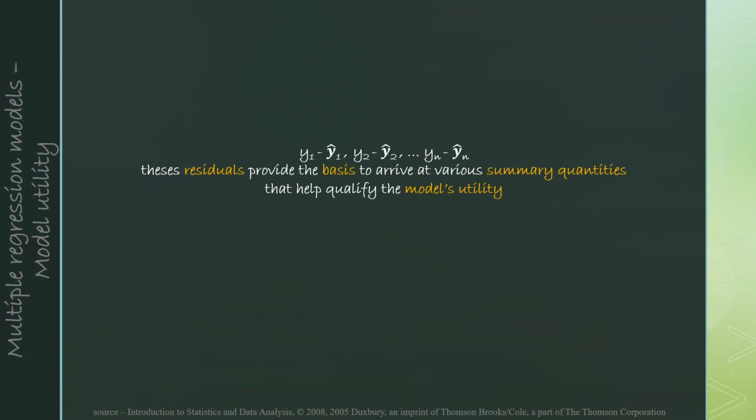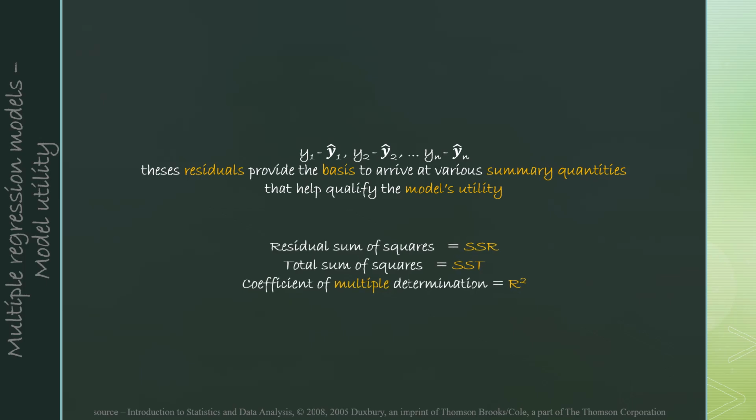These residuals provide the basis to arrive at various summary quantities that help qualify the model's utility that we discussed just a while ago: residual sum of squares SSR, total sum of squares SST, and coefficient of multiple determination R square. Note the inclusion of the term multiple above and the uppercase R used instead of lowercase r. We'll discuss the reason just a while later.